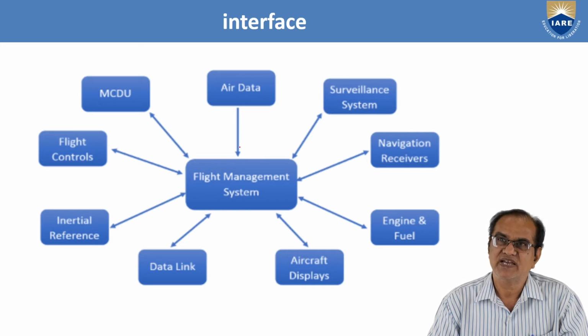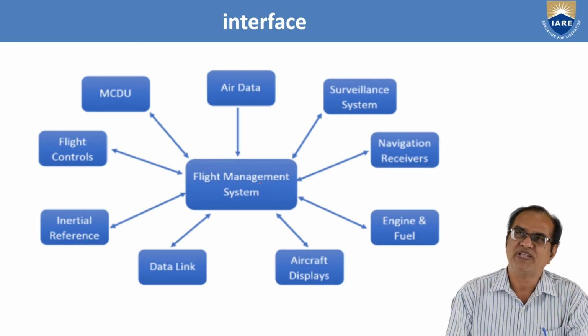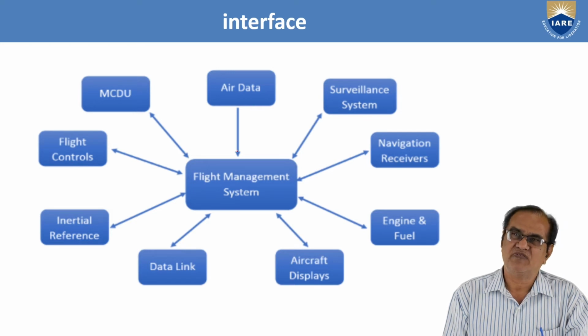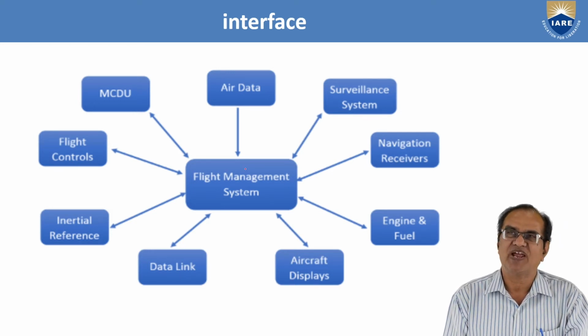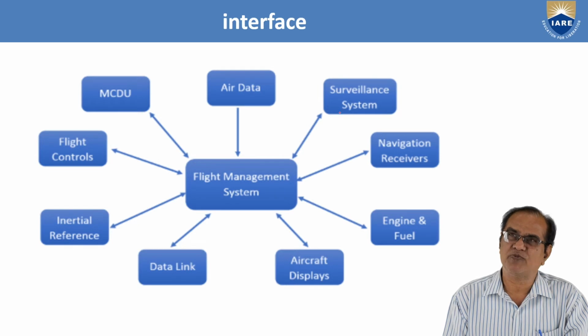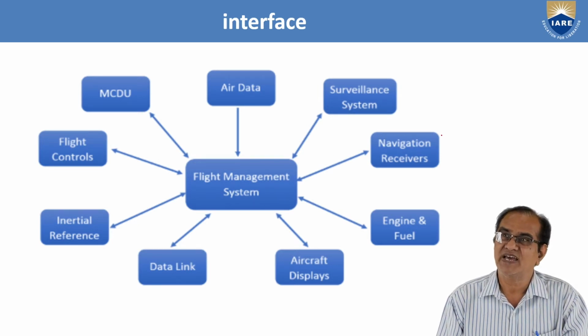This air data is received by the flight management system. From the pitot tube or from other equipment, the information is received by this flight management system. From here, if you see, we have the surveillance system. The flight management system will get input from the surveillance system. It will also get input from the navigational receiver.